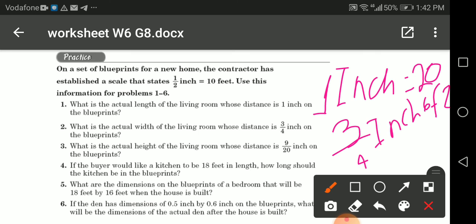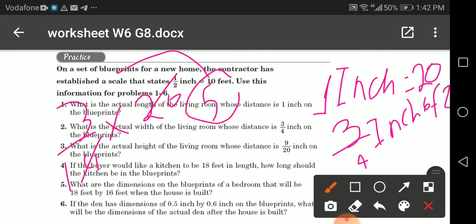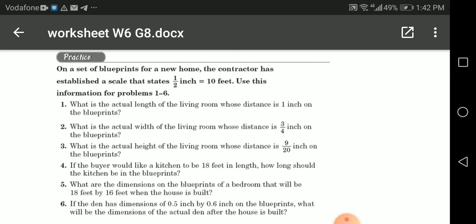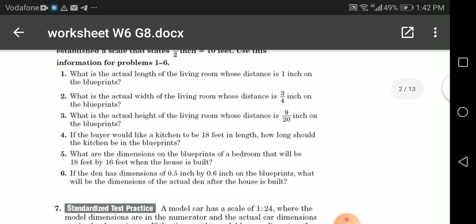I will write it here: 3/4 multiplied by 20. 20 divided by 4 is 5. Then we multiply: 5 times 3 is 15. Okay, easy.